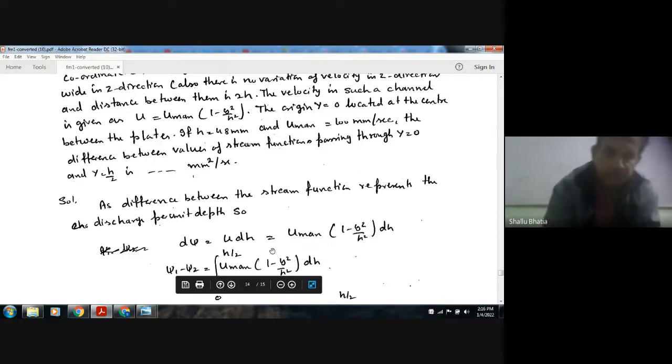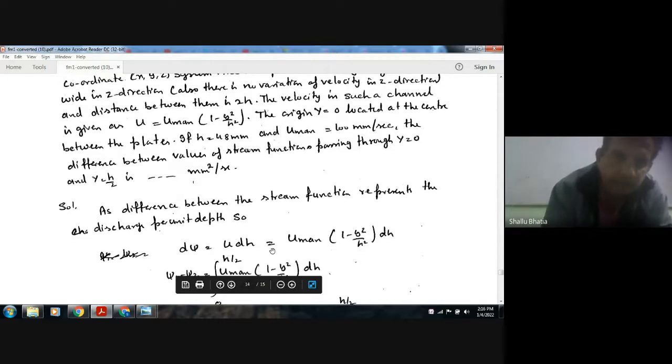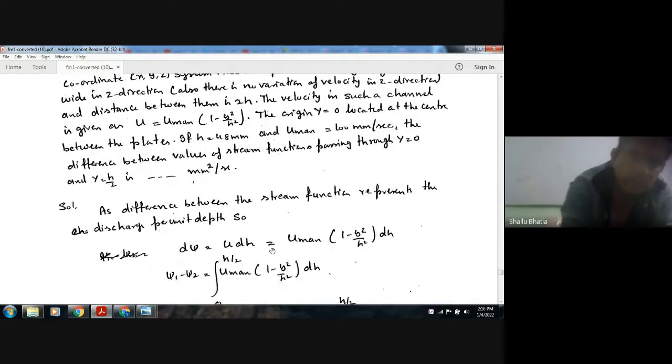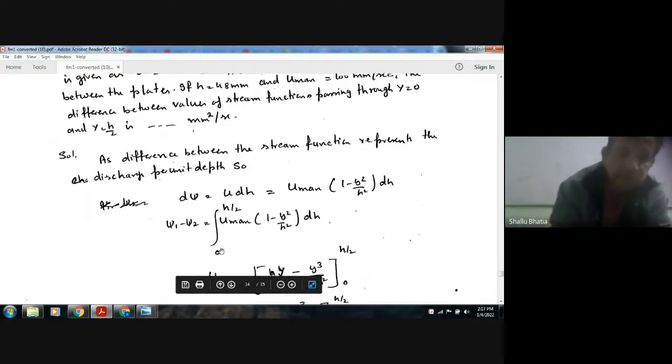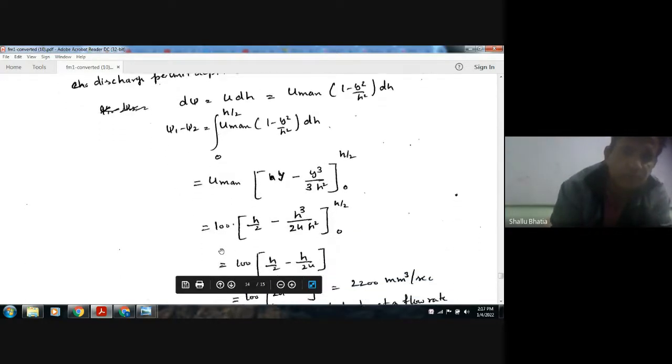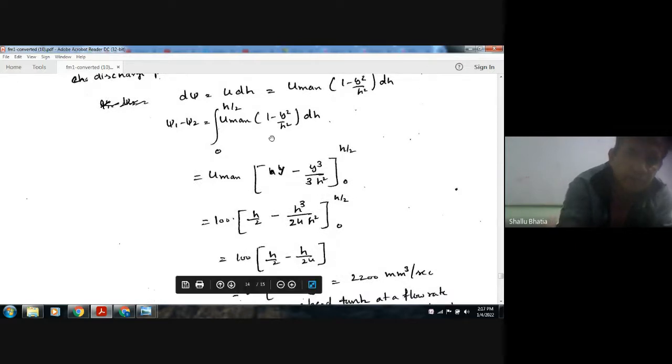Now we have to find the difference between the value of the stream function at y equal to 0 and y equal to h by 2. So integrating and putting in the limits, we get y here, and here y cube by 3 h square.